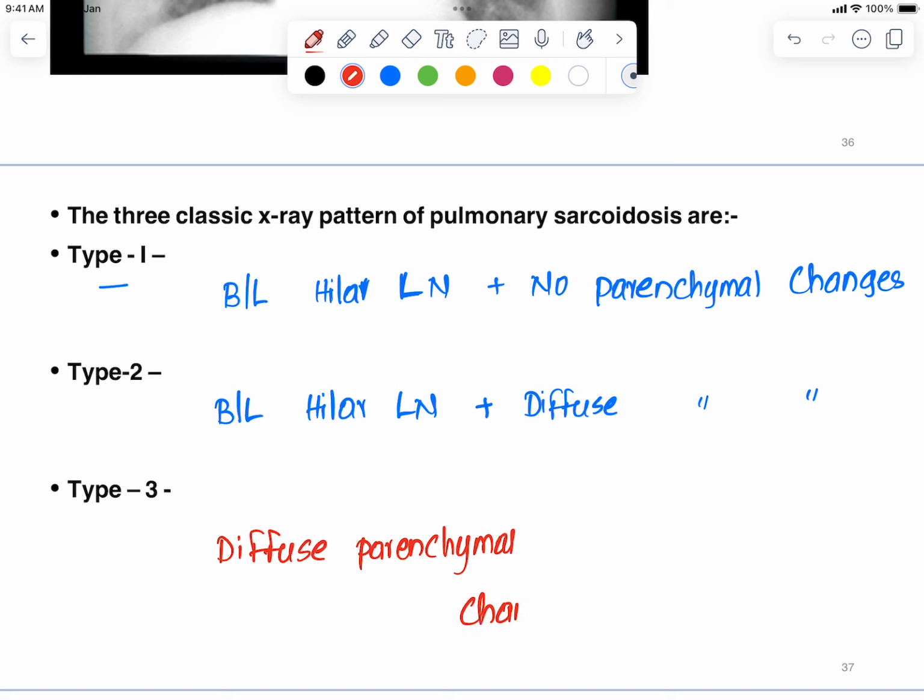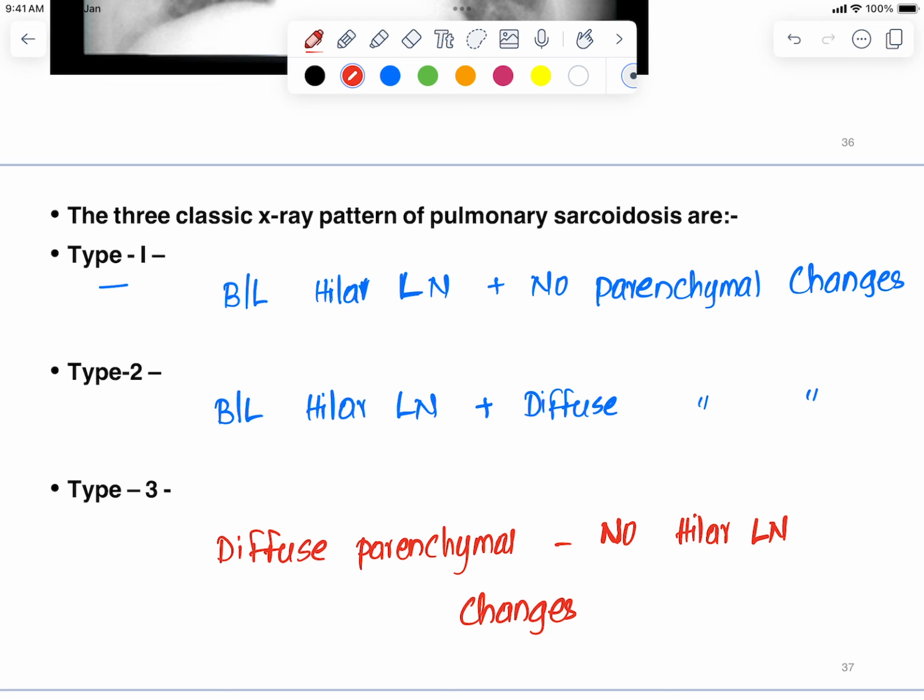But hilar lymphadenopathy is not there. Right? There is no hilar lymphadenopathy. So this is your type 3 pattern of the chest X-ray in case of pulmonary sarcoidosis.